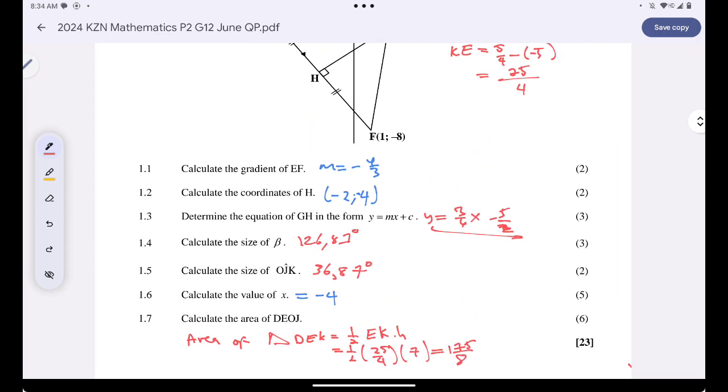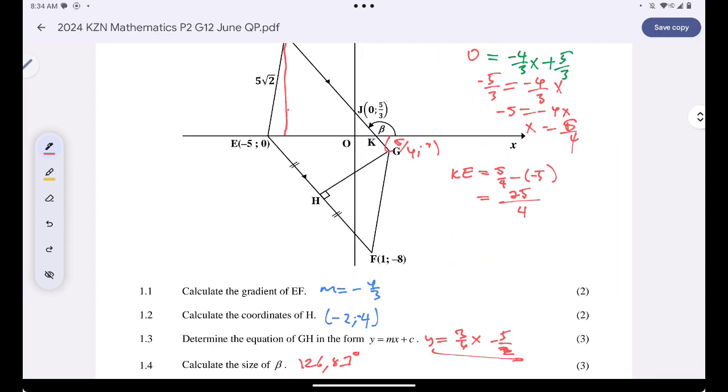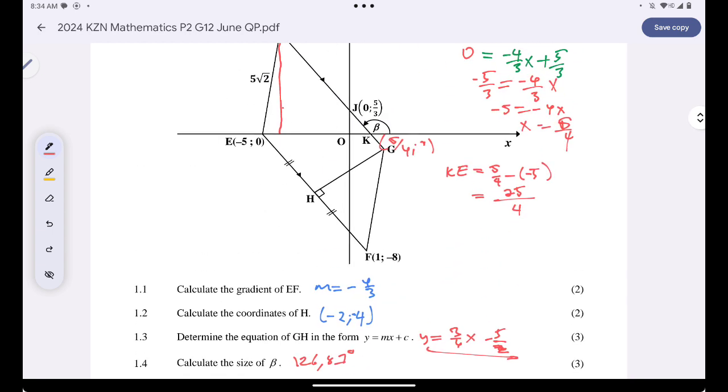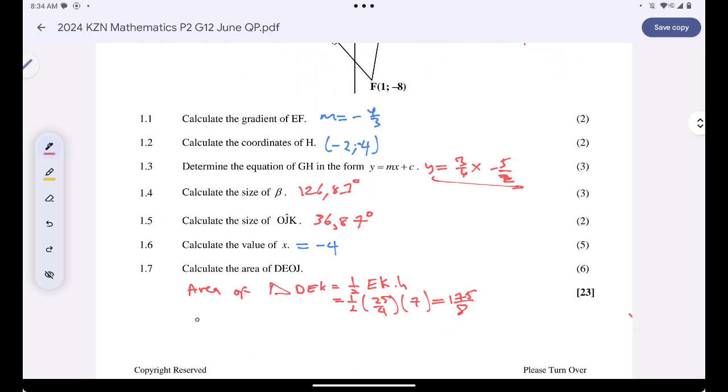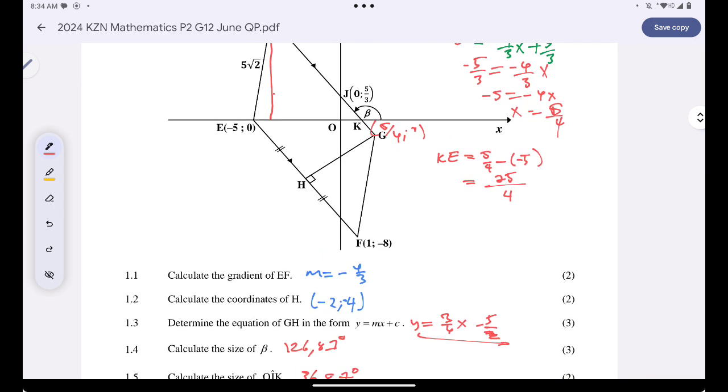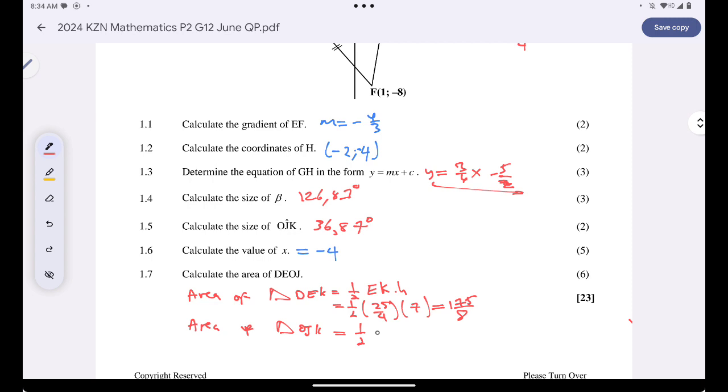Okay, and then the area of the smaller triangle, what's the smaller triangle? OJK. Area of triangle, it's 1 over 2. My base is OK, my height is OJ.